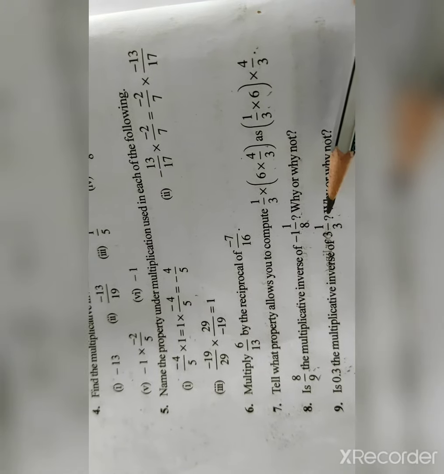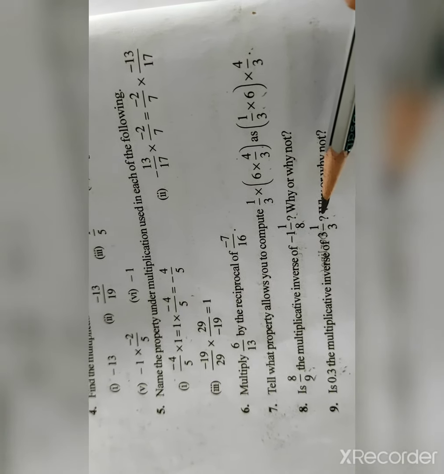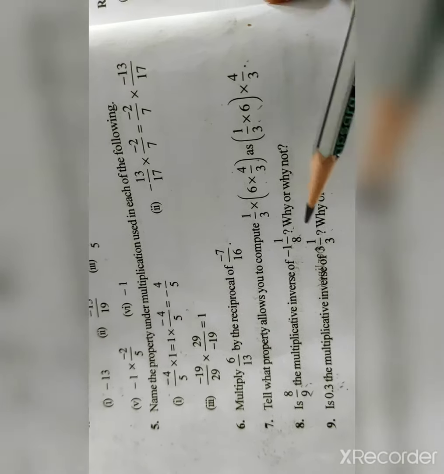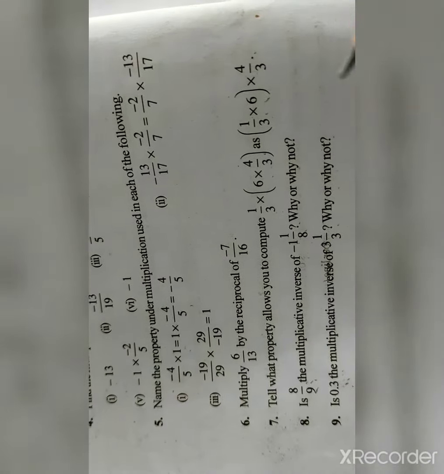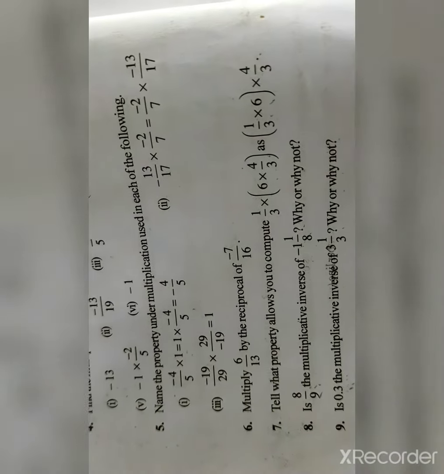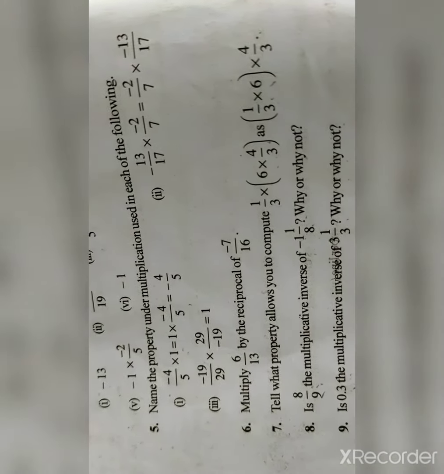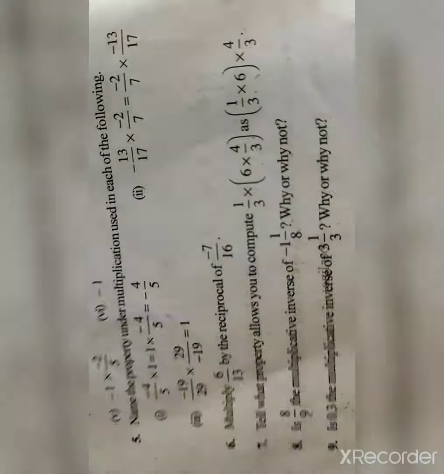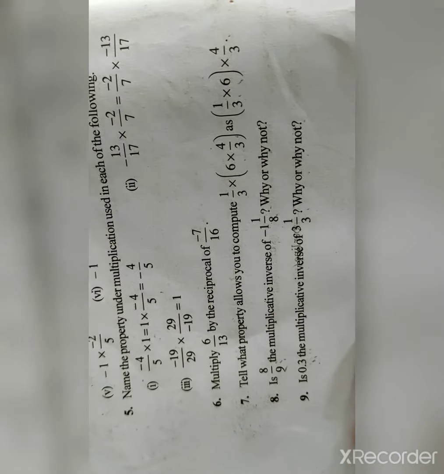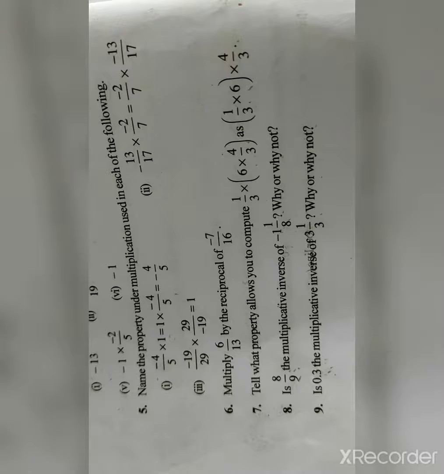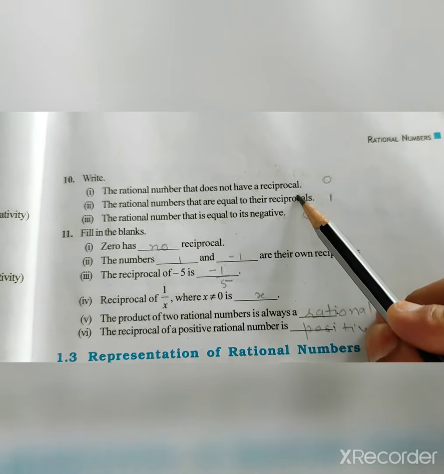Then the reciprocal of 10 upon 3 will be 3 upon 10. If both values are equal, then you can say yes, 0.3 is the multiplicative inverse of this, and if both values are not equal, then write no, 0.3 is not the multiplicative inverse of 3 integer 1 upon 3.